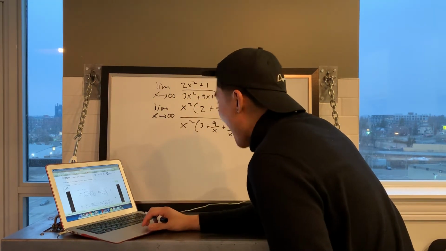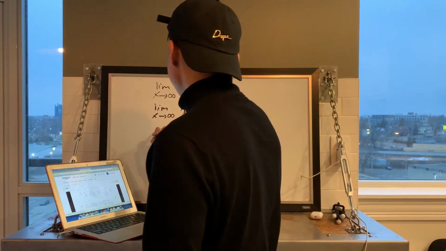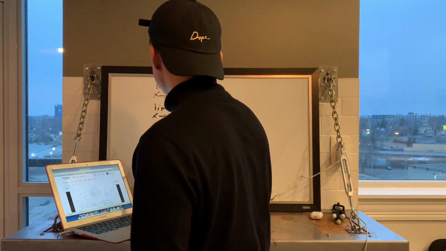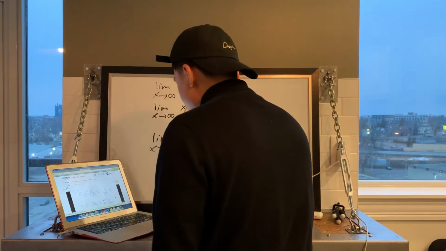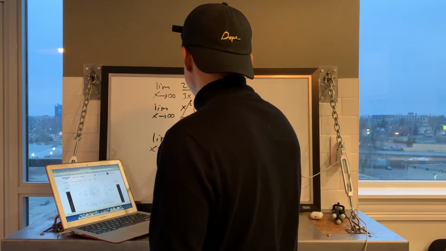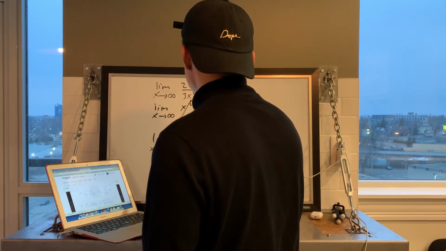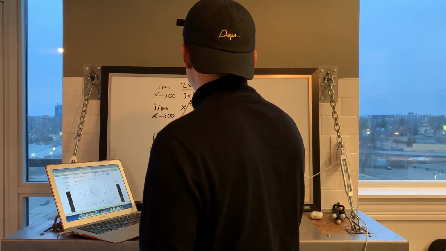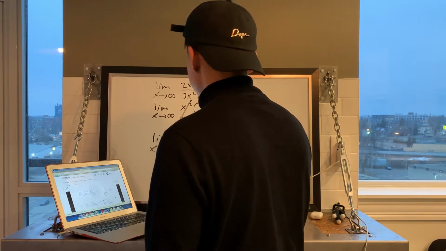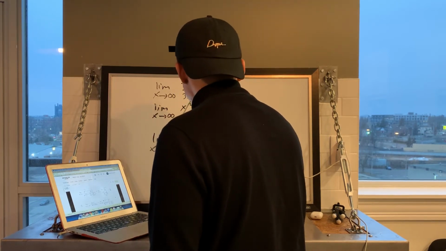All right, so what happens is that these will cancel. The limit as x approaches infinity, and you have 2 and 3 just hanging out, plus 9 over x.